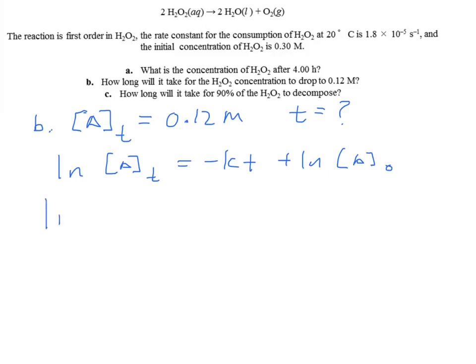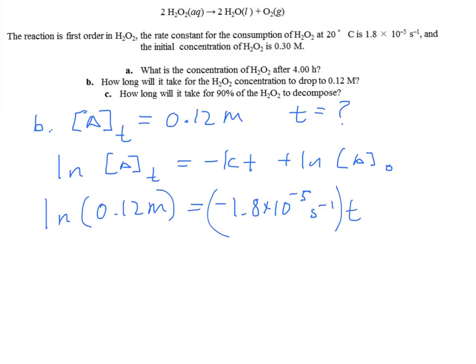So I have the natural log of 0.12 molar equals a negative 1.8 times 10 to the negative fifth inverse seconds times t plus the natural log of my initial concentration, 0.30 molar.